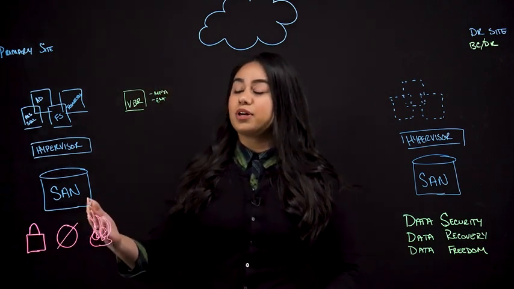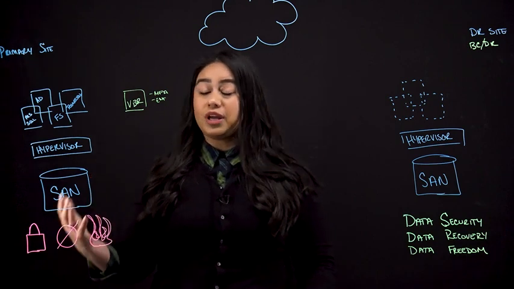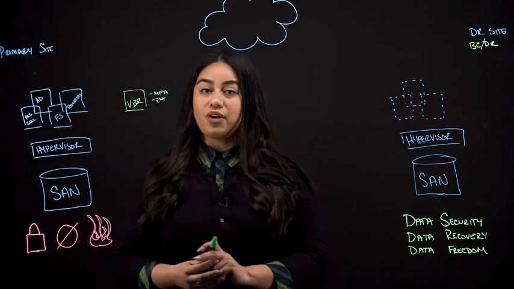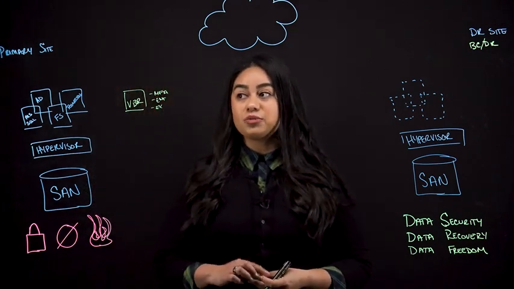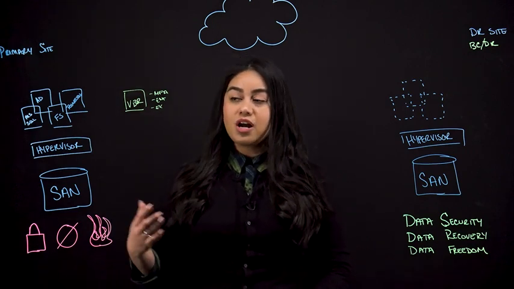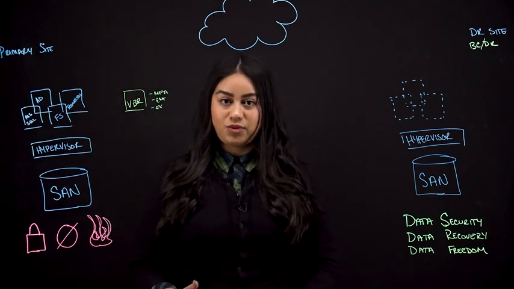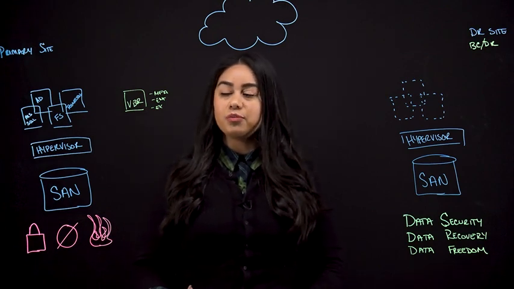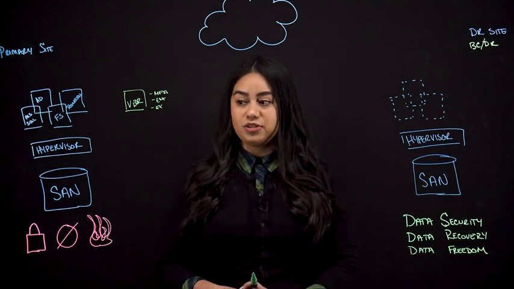For example, if we wanted to give our database administrators the power to be able to create their own backups as well as perform their own restores, they can do that with our enterprise application plugins, as well as having some additional recovery scenarios in place with the Veeam Explorers. So being able to recover a Microsoft SQL database or a user account within Active Directory. These are going to be some of those top tier features that really help with giving us some granularity and flexibility back to the end users.